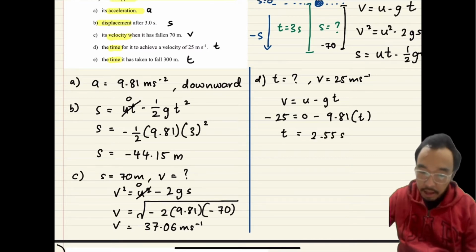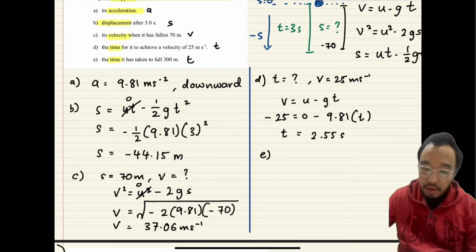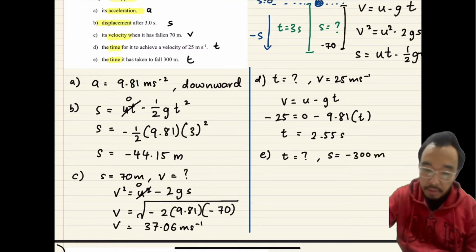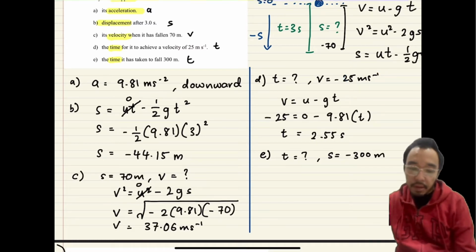Right, E, the time it has taken to fall 300 meters. Now they want you to find time when S is equal to negative 300 meters. I think this one I can substitute negative in advance so that you don't forget about it. Negative 300.